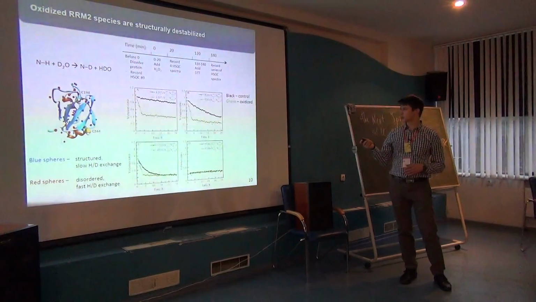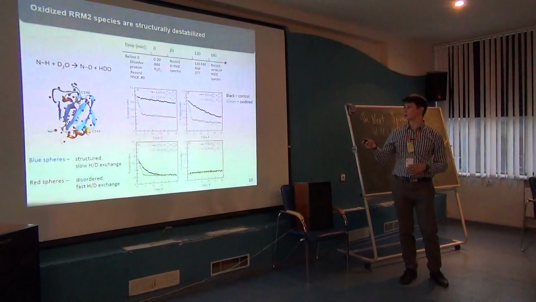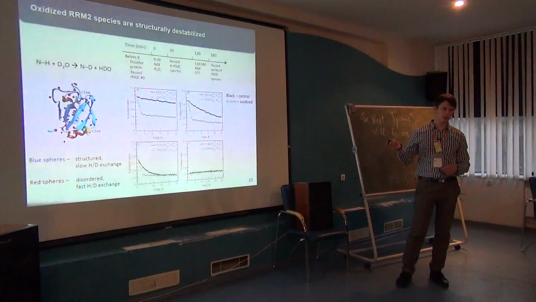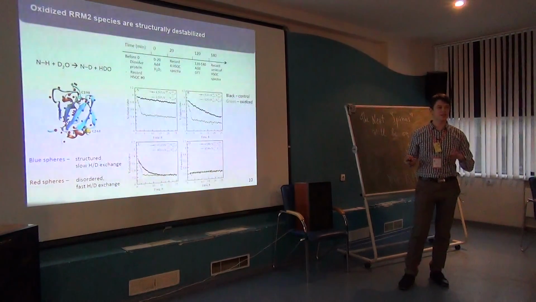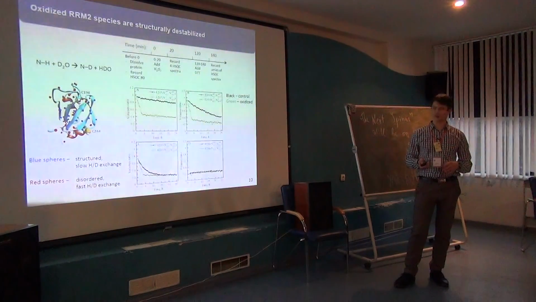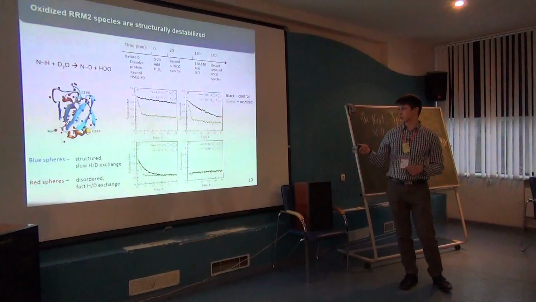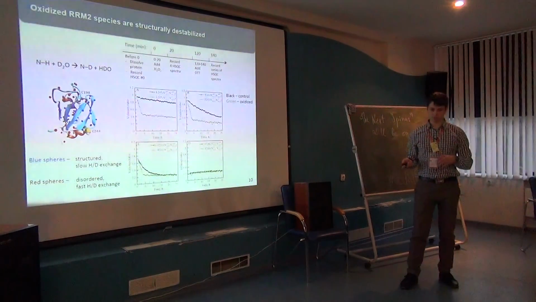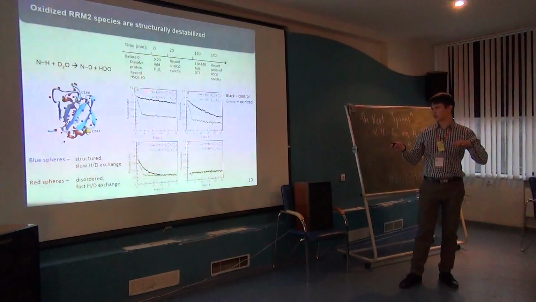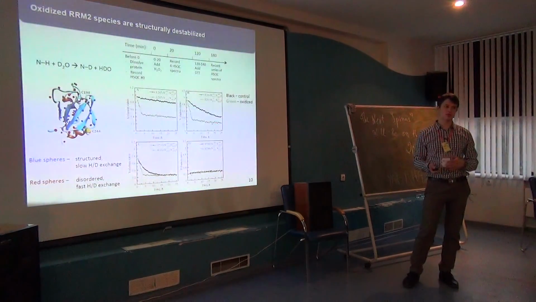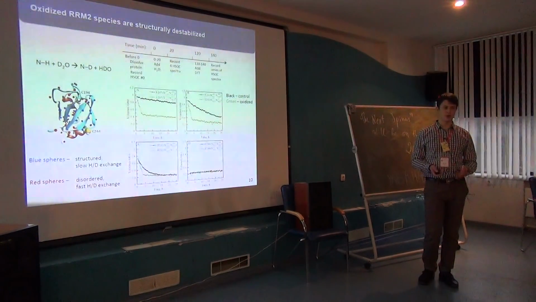I forgot to say that for the control sample we didn't add peroxide. Instead, we added the same volume of water to the sample. For the control sample, you can see that the intensity drops. This is a normalized intensity. It drops exponentially, and it's a normal process of deuterium exchange.